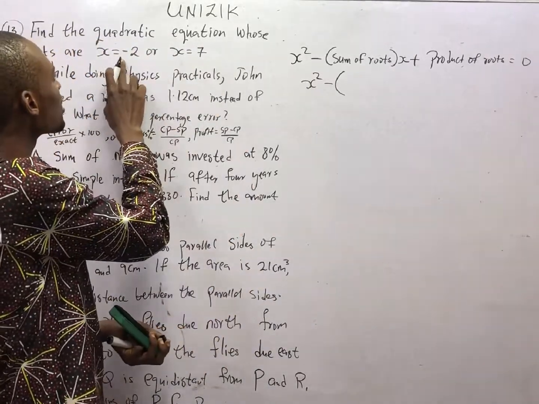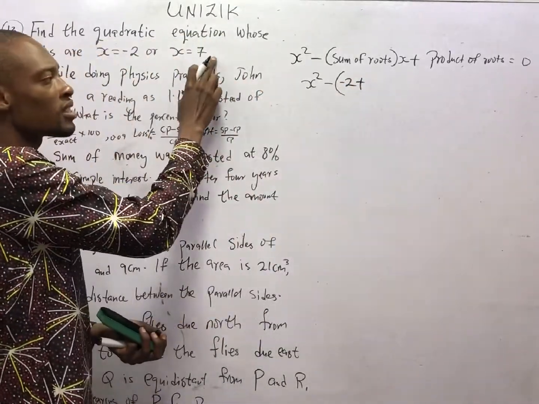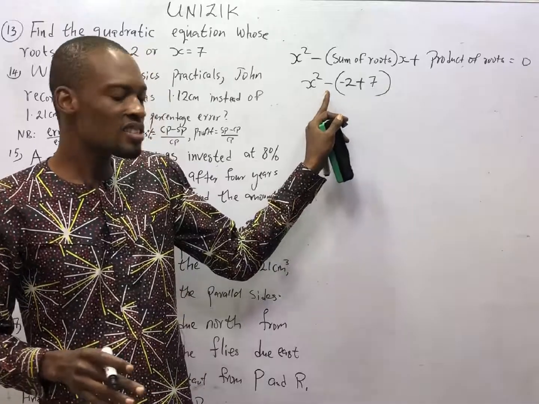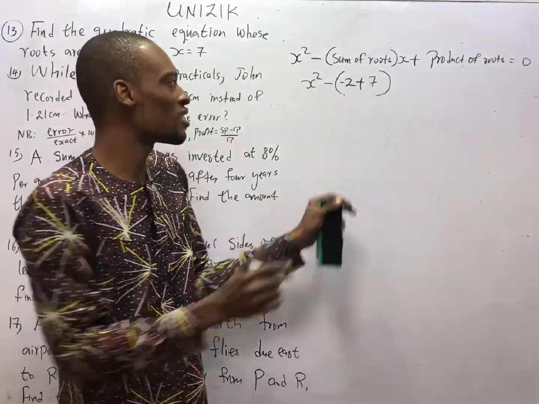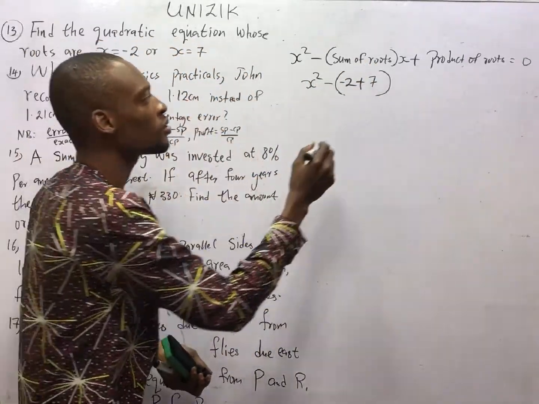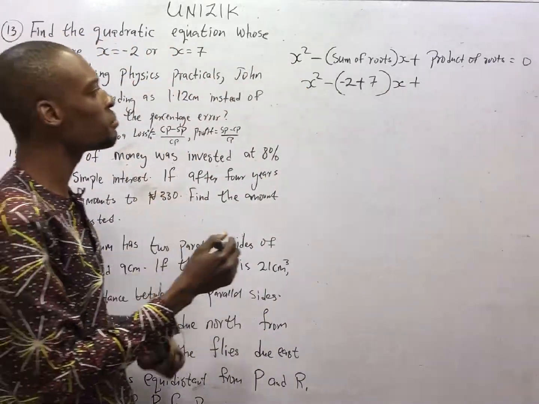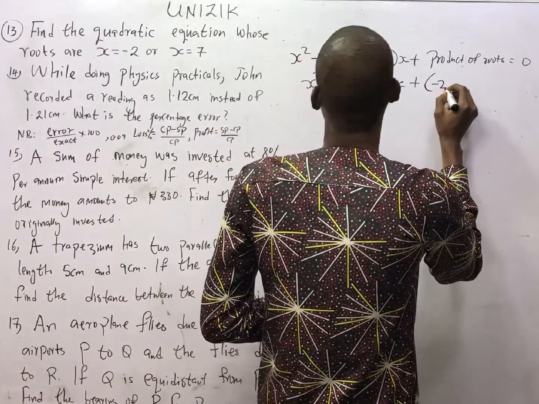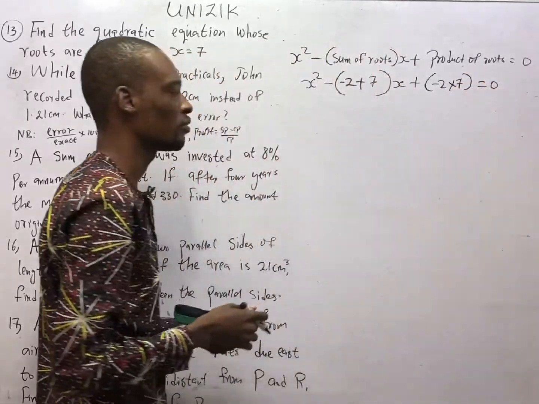So the first root is minus 2 plus the second root is 7. Now this minus is already in the formula, so you put this bracket to account for the minus that may be in the roots. Product of roots simply means multiplying the roots, minus 2 times 7, is equal to 0.